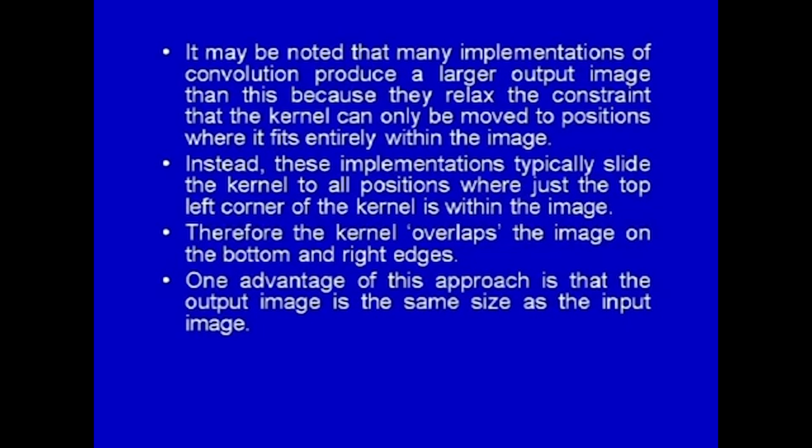Instead, these implementations typically slide the kernel to all positions where just the top left corner of the kernel is within the image. Therefore, the kernel overlaps the image on the bottom and the right edges.